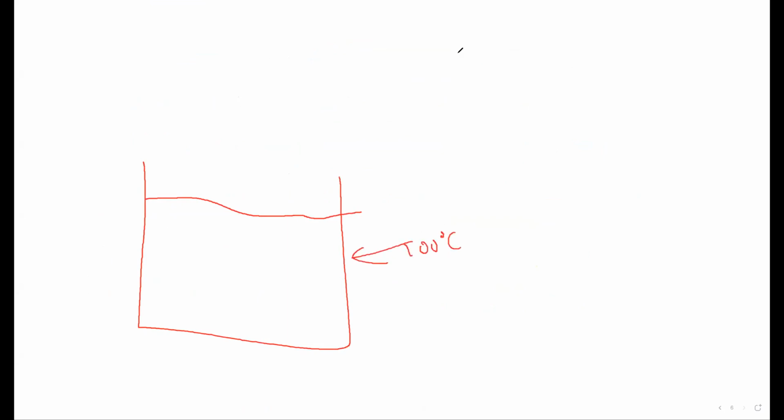If I put in a thermometer initially at room temperature, maybe 24 degrees Celsius, the reading will drop a little bit first, maybe to 22 degrees Celsius, before shooting all the way up to 100 degrees Celsius. There is a specific reason for this.